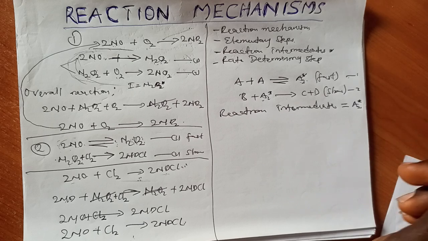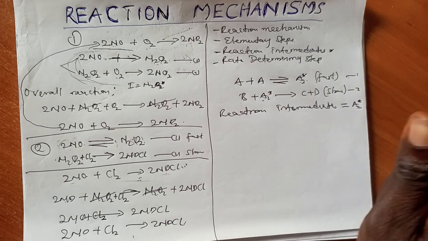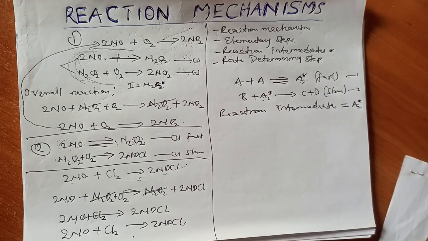Let me tell you, if you cannot identify the rate determining step in the reaction mechanism, you will not even be able to know the product that will be formed, because there are some tricky questions where the product may be hidden but your rate determining step is given to you.